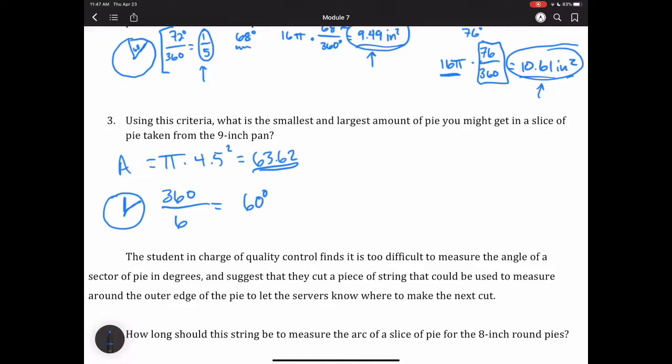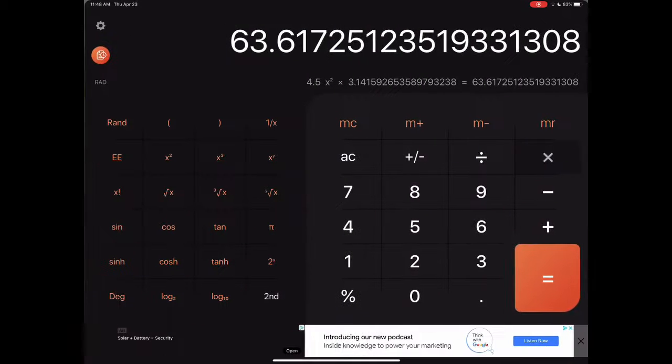So let's go ahead and calculate, just like we did above, with minus 4 degrees and with plus 4 degrees, okay? So we'll be using that as our what fraction times the total area. So this time, we'll say pi times 4.5 inches squared times the fraction, what fraction of the circle we're working with, which is 56 degrees over 360. Okay, so I'll go ahead and plug that in.